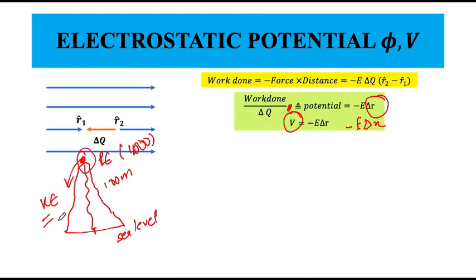Suppose you take a charge and put it at the point R1; you move delta Q from R2 to R1. If you now just leave the charge, the charge will move on its own because the force is pushing on it. The charge will get accelerated and there will be kinetic energy.